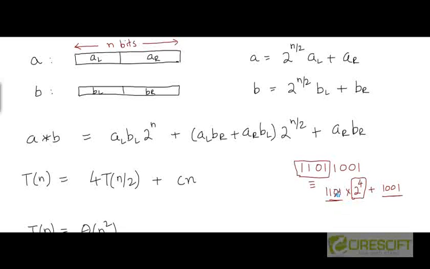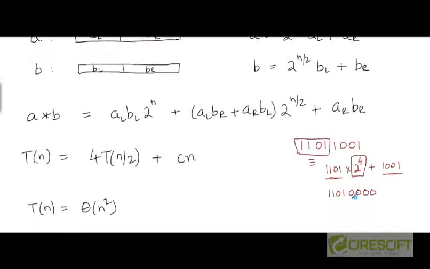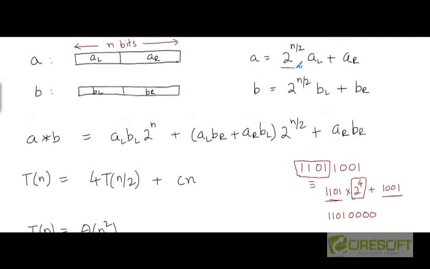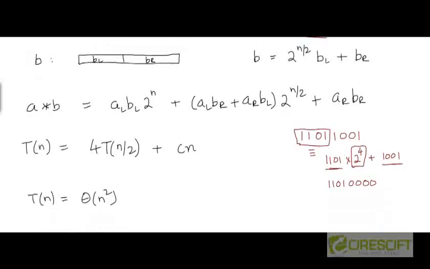But the idea here is that we can take the left half and shift it to the left by 4 bits. So that will make it 1101 and 4 zeros to the right of it. It means you take a sub l and you append n by 2 zeros to the right. And then you add to this the right half. The right half here is 1001. And by adding these two, we regenerate the original number.